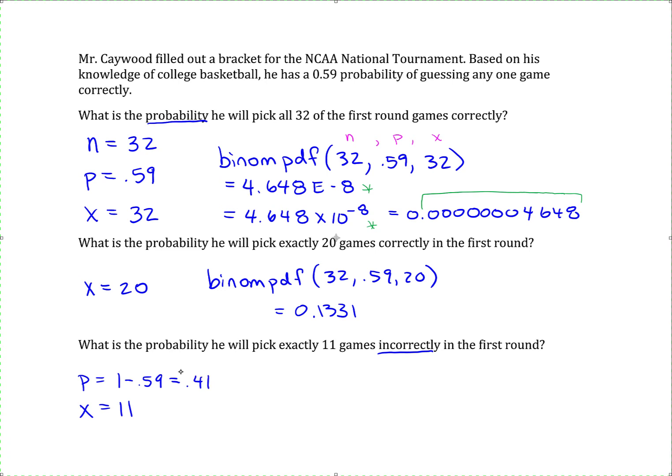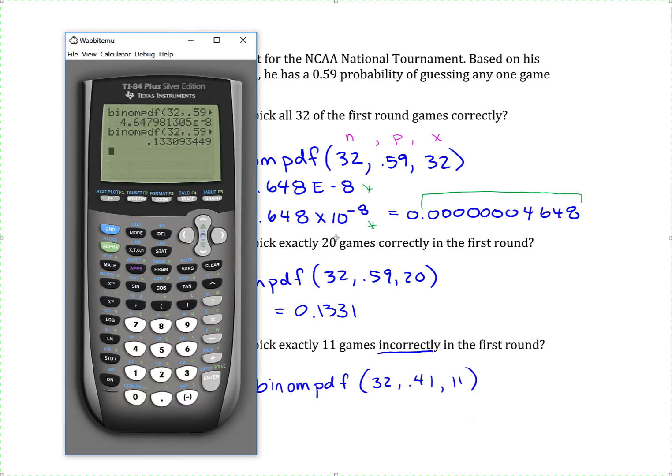So we use the complement of that probability. In this case, we would use binom PDF. There's still 32 trials, but the probability of guessing incorrectly is 0.41, and we want to see 11 incorrect guesses.